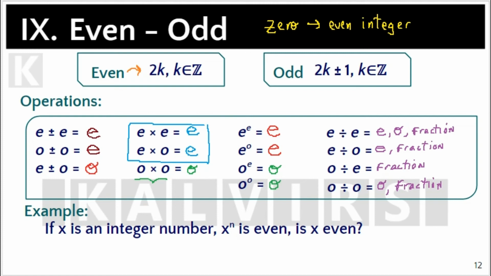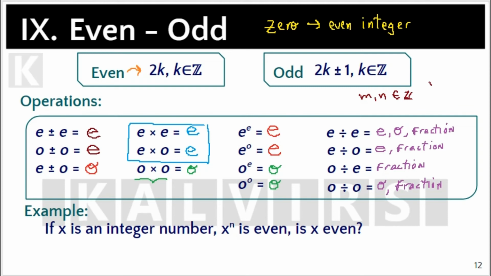Now, is it possible to determine whether a quotient is even or odd, or a decimal if the values of the parts of the division are unknown? So, the answer to this question is no, because, for instance, let m and n be both integers.